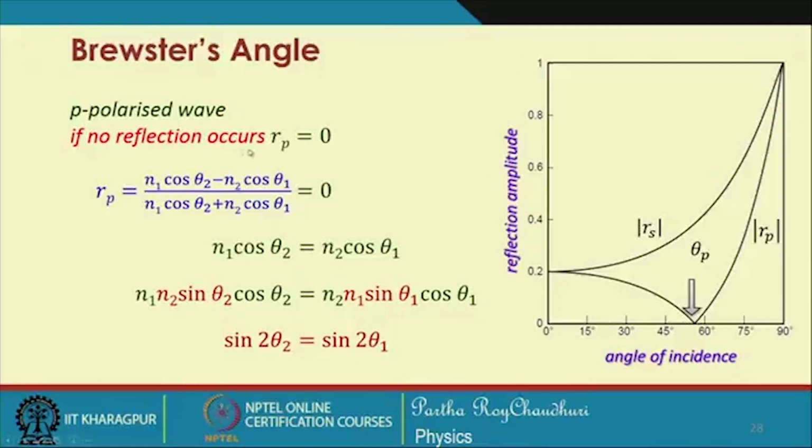So, for p polarized light, if there is no reflection, R p equal to 0, and that gives you the condition that n 1 into sin theta 1 equals n 2 into sin theta 2. If you connect these two, you can write that sin 2 theta 2 equal to sin 2 theta 1.